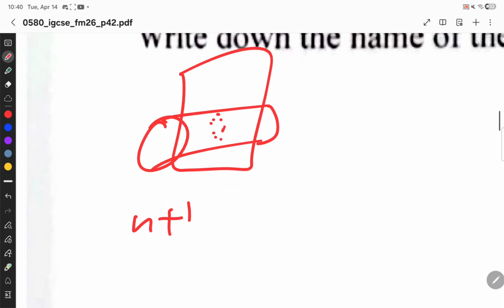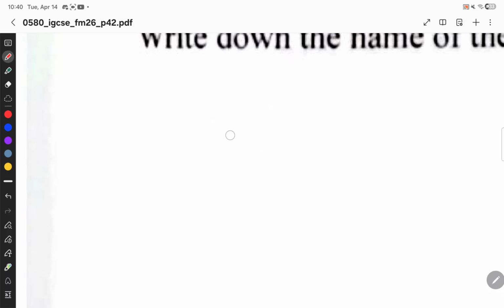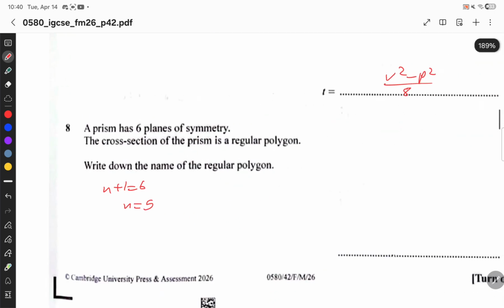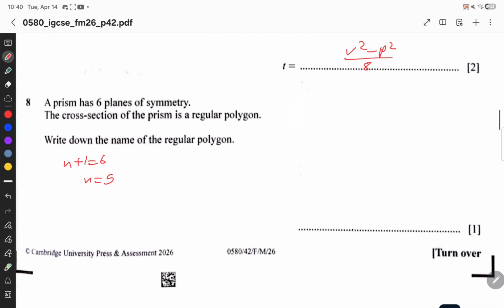So it is n plus 1, and we know n plus 1 is equal to 6, n is equal to 5. Which regular shape has 5 lines of symmetry? Yes, a pentagon.